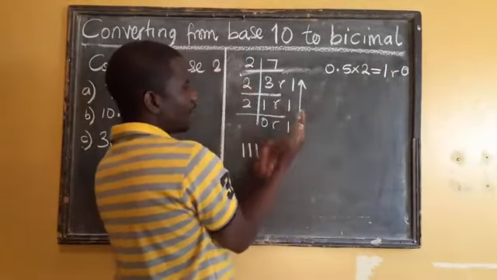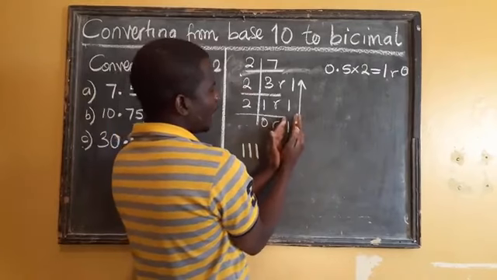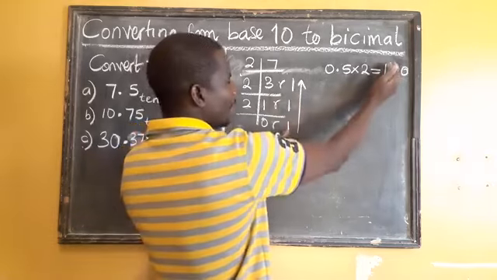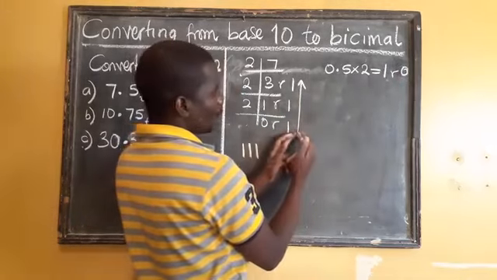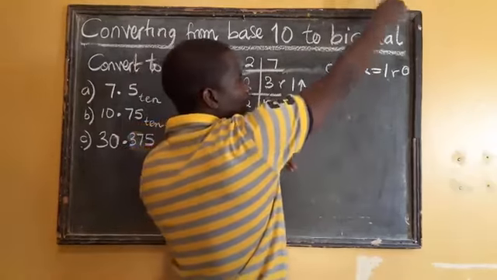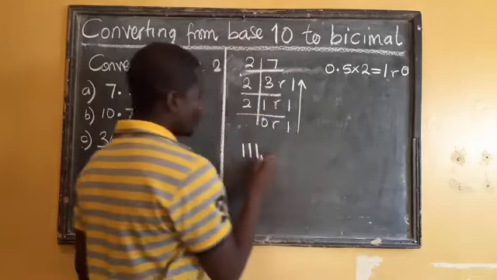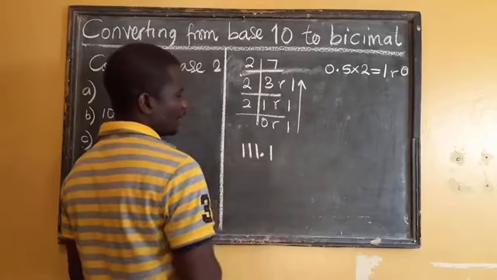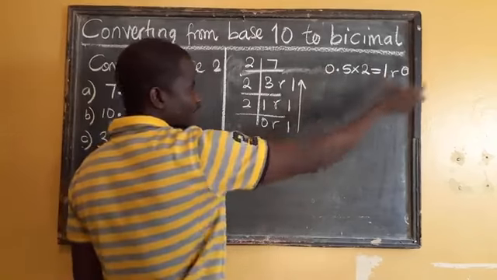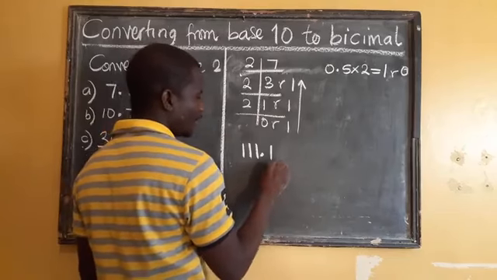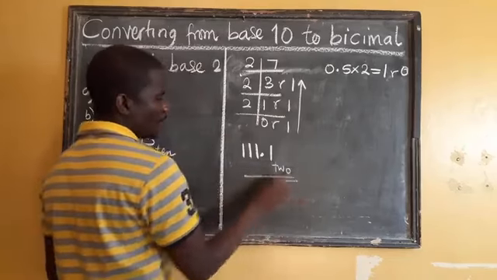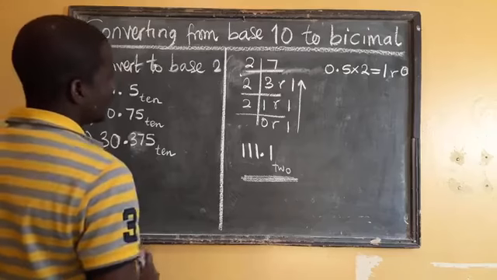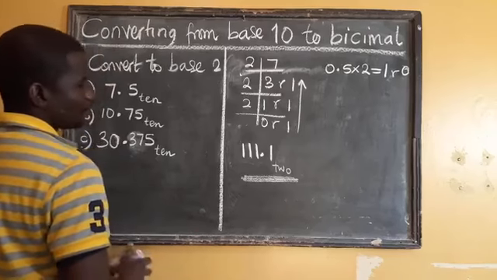We do the opposite. The remainders we were getting going up, but the whole numbers, you get them going down. We only have one whole number here, which comes after the decimal point. So this is what will be our answer for the first one.